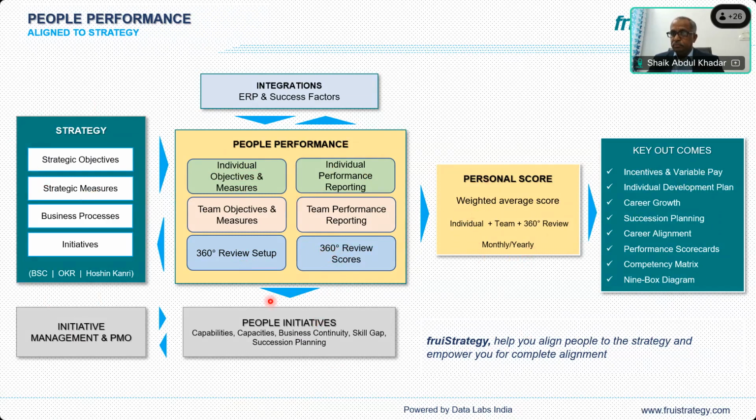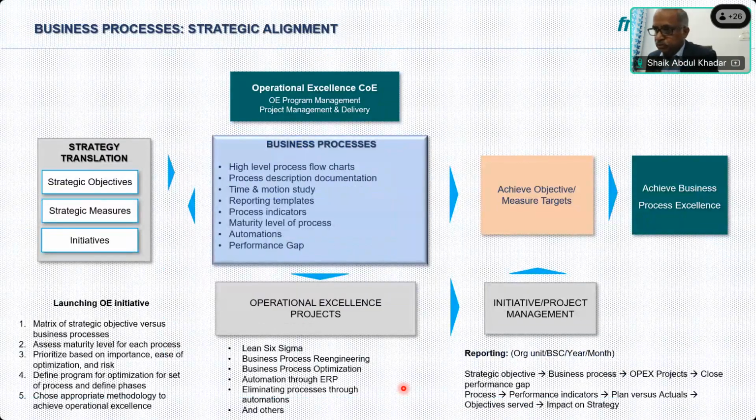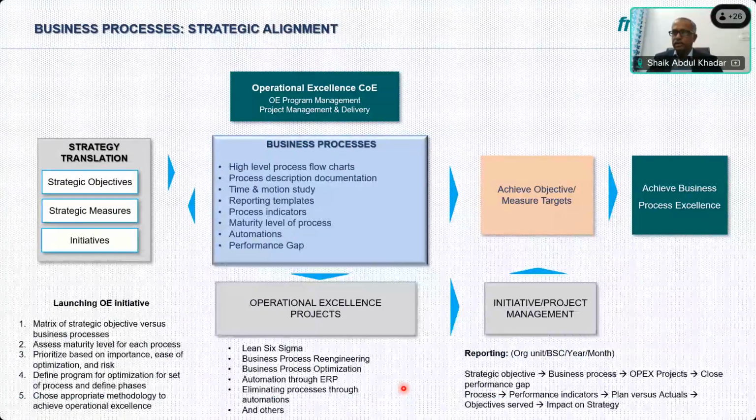Any people performance initiatives for optimization can again be connected to a PMO, so that the PMO can take care of the holistic execution of the projects. Now, almost always business process optimization is done in isolation, or not necessarily in isolation, they don't call it isolation, but it's a priority again. The business processes can also be integrated to the strategy.